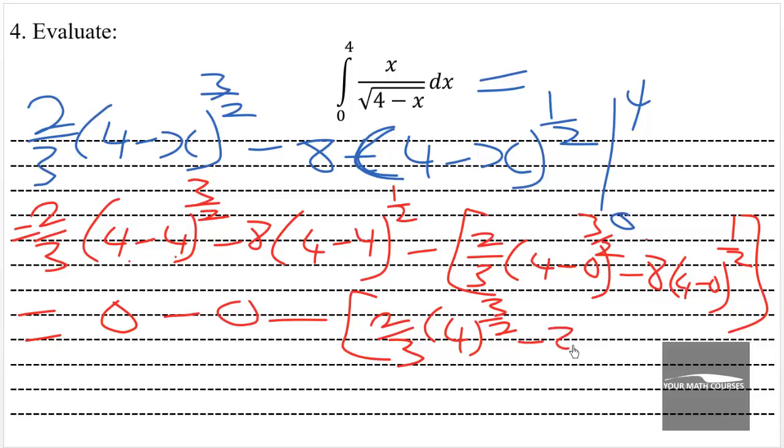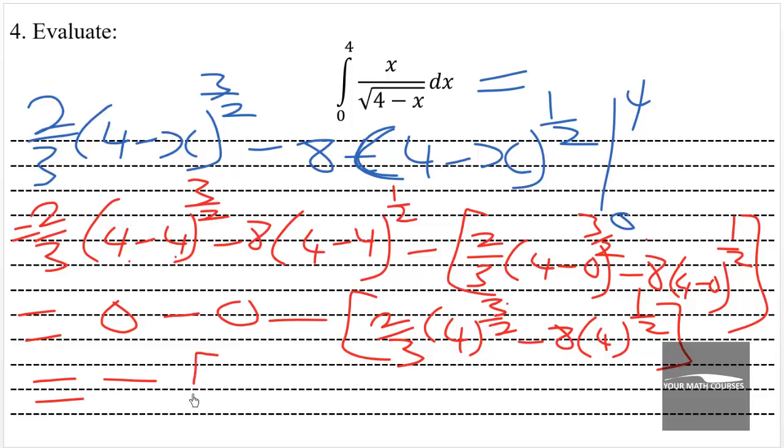Minus 8 times 4 exponent 1 over 2. So this will be equal to, now 4 exponent 3 over 2 will give us 8 because the square root of 4 is 2, and 2 exponent 3 is 8.